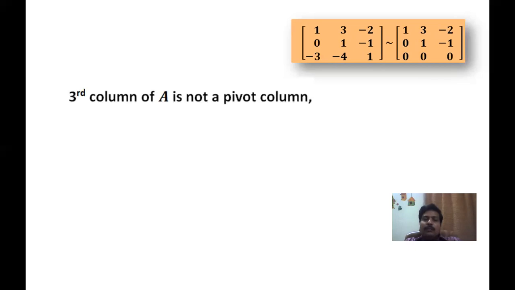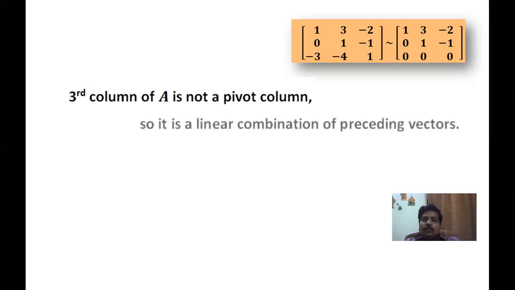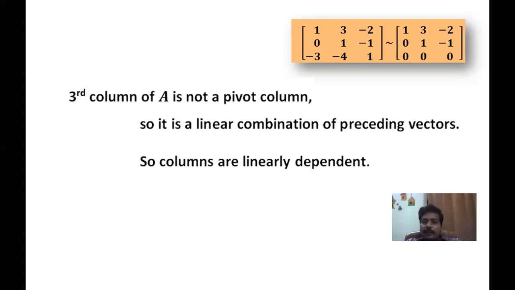The third column of A is not a pivot column, so the third column can be represented as a linear combination of the preceding vectors. So these three columns are not linearly independent. They are linearly dependent.